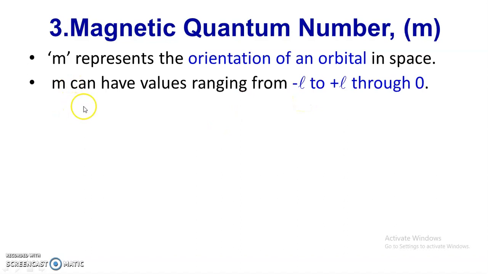Now this value of m ranges from minus l to plus l through 0. What it means? If l is equal to 1, that is for P subshell, then there are three possible m values, that is minus 1, 0 and plus 1.